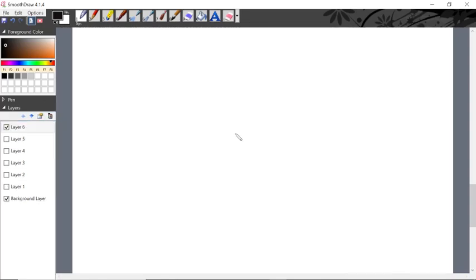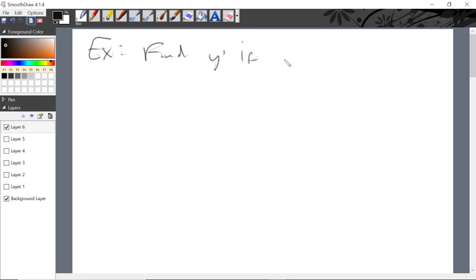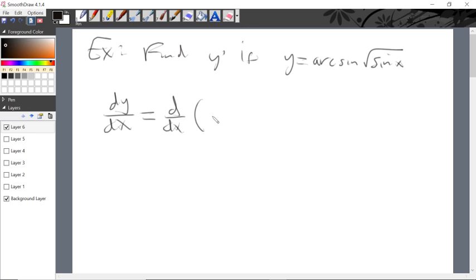Let's try a couple more examples here. Example: find y prime if y equals the arcsine of the square root of the sine of x. So dy dx, the derivative of the left-hand side, equals the derivative of the right-hand side. On the right-hand side, we need to apply the chain rule first on the arcsine.